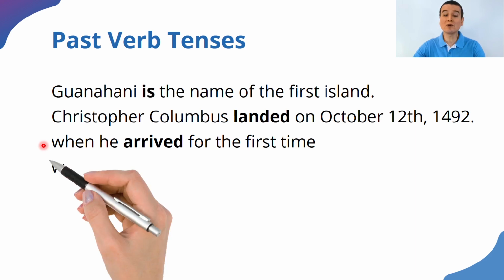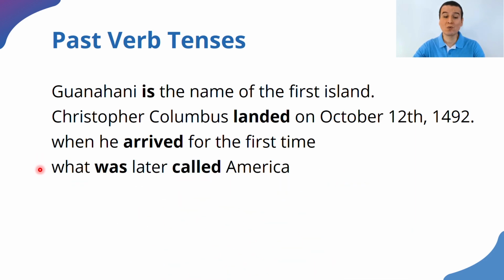What was later called America. Was later called. So we have a passive there that has a form of be in the past and a verb in the past participle, was later called, right? By somebody. We're not saying who called it yet. So actually we're going to learn about that later.